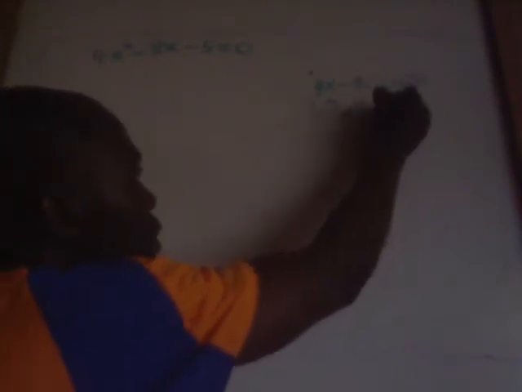Then 5: 20 over 5 gives 4, no remainder, so 5 is a factor.